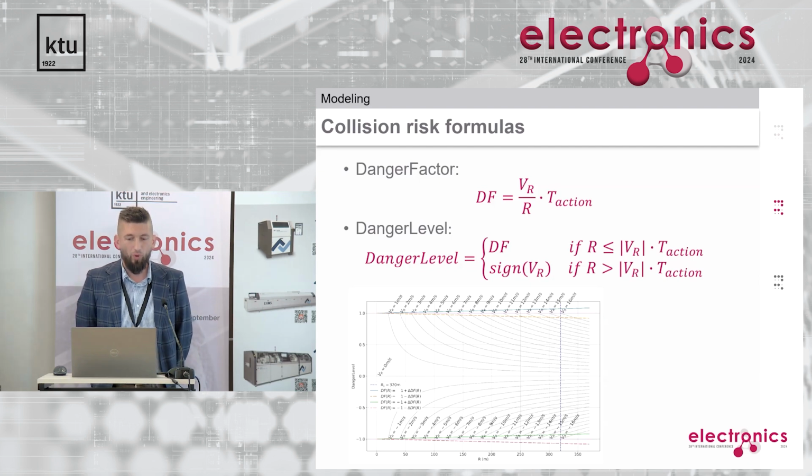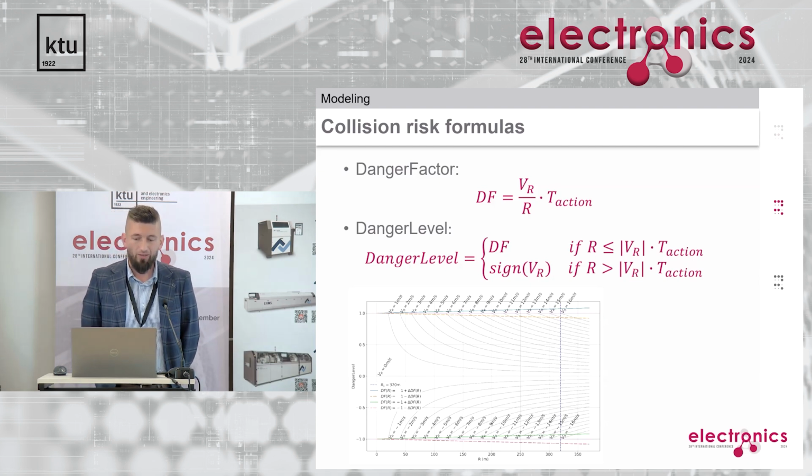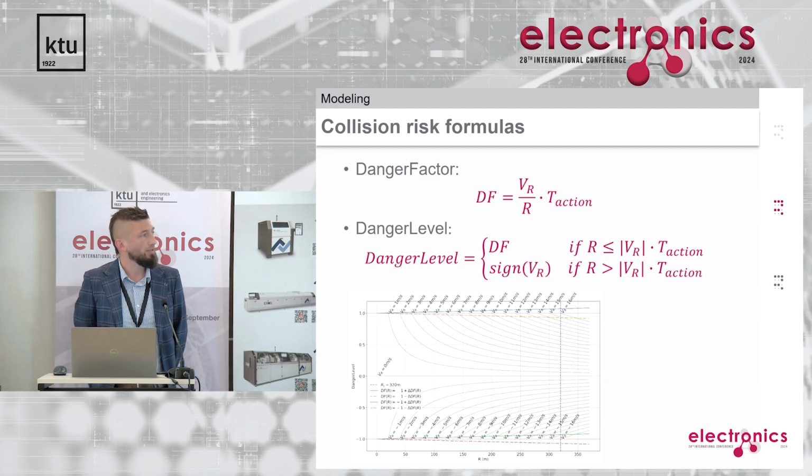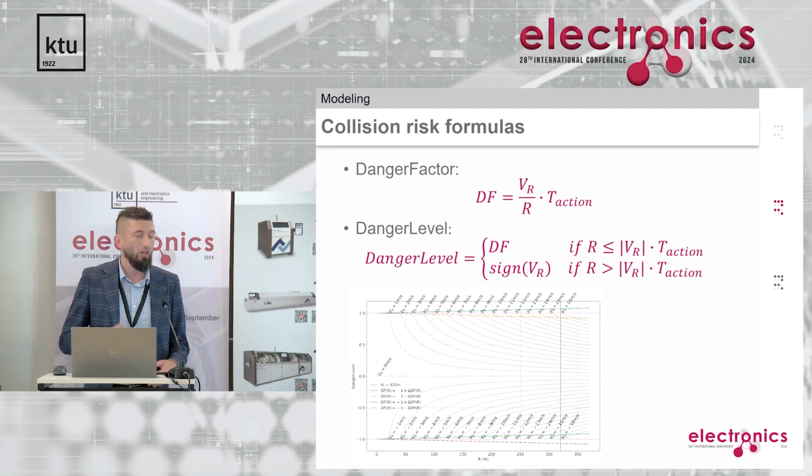And it's proportional to the radial velocity of the bird, divided by the radius of the bird and multiplied by t action, which is a constant value for this wind farm. We also have an extended formula that normalizes this. It cuts all the values that are above 1 and below -1 because those are too extreme for us. So it's just a truncation formula. But the DF is the basic one.